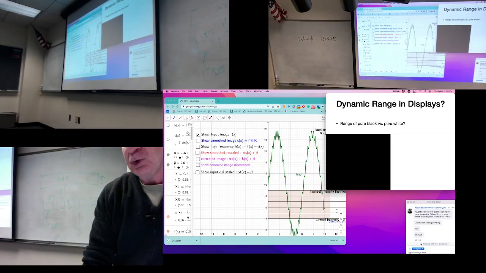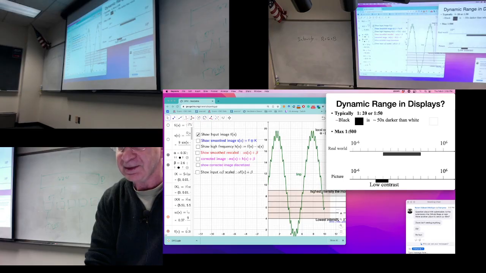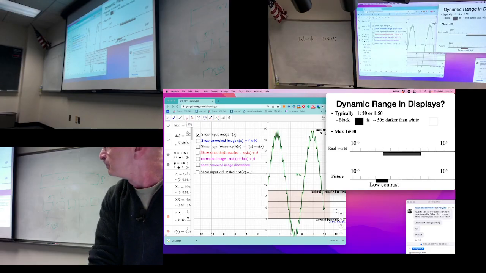Okay, talking about the dynamic range, how many gaps there are and what's the difference of energy between the darkest non-black pixel versus the whitest. Just another way to think about what the dynamic range problem is.